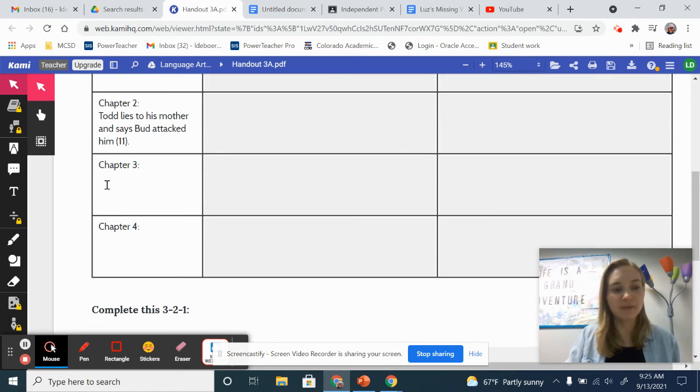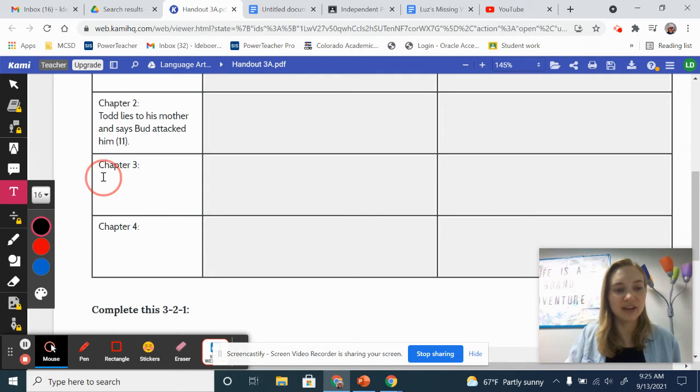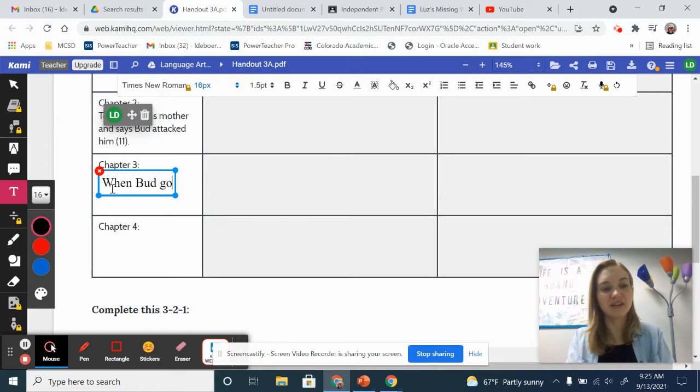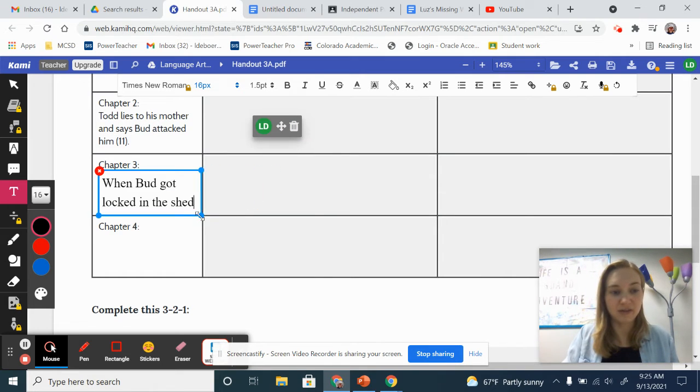For chapter 3, the one that I want you to do is when Bud got locked in the shed. If you're doing it on when Bud got locked in the shed, how did he react? And what does that tell us about him?